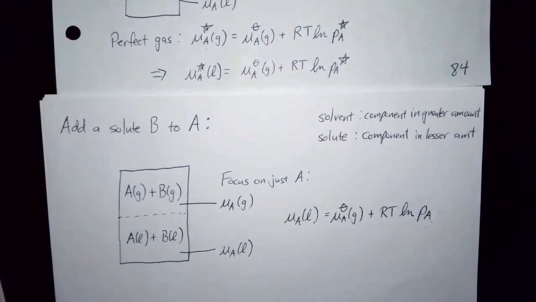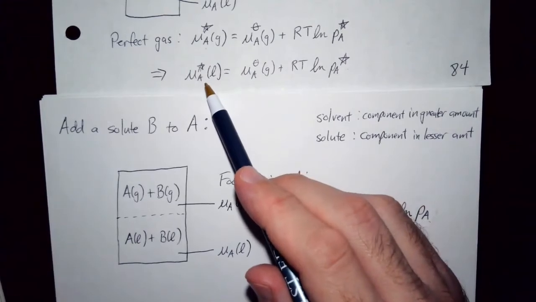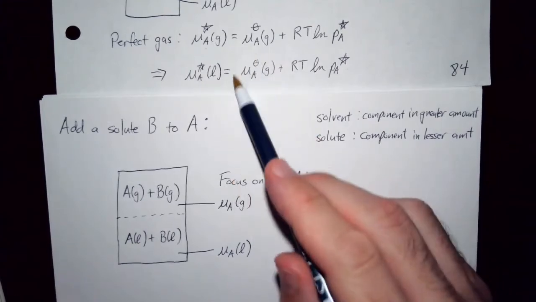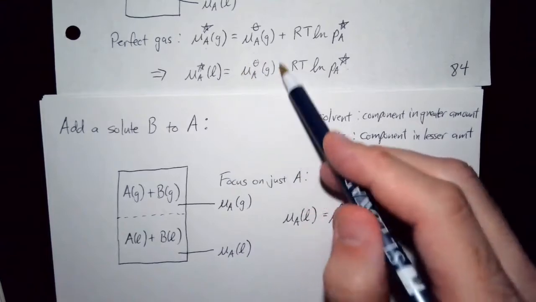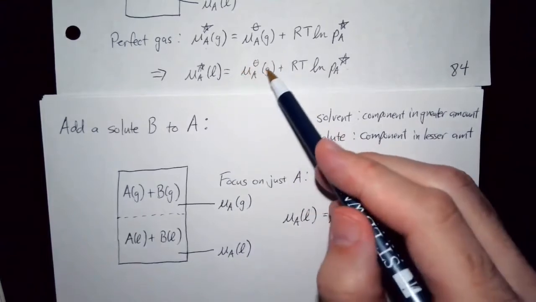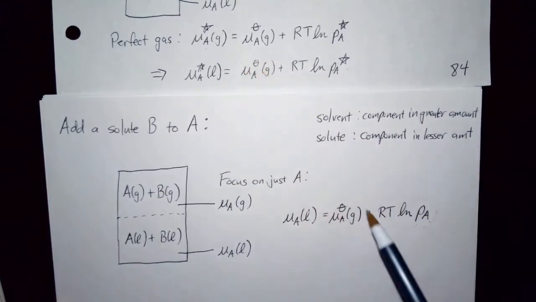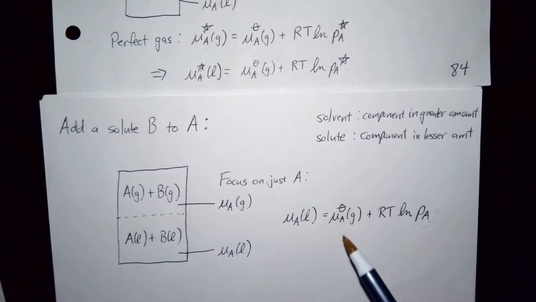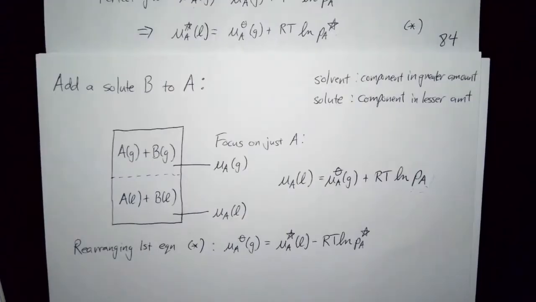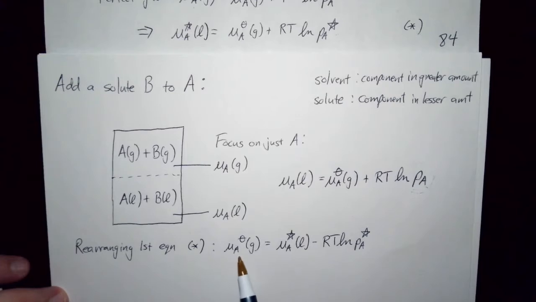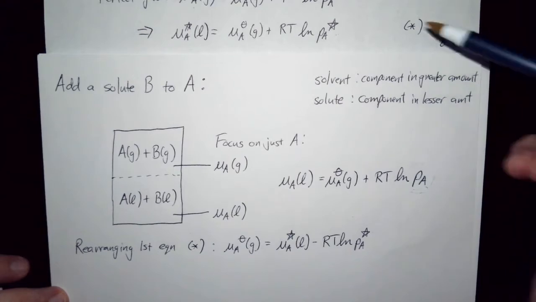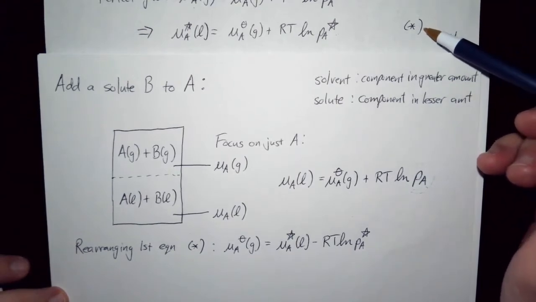Right? So I'm going to start with this first expression up here. I'm going to rearrange it by solving for this factor that also exists in the other equation. And once I solve it for this, I'm going to take the result and plug it in to the second equation. Okay, so rearranging the first equation, solving for the standard chemical potential of A, I get this, and I've labeled this equation star.